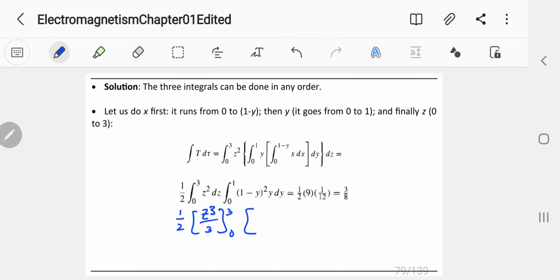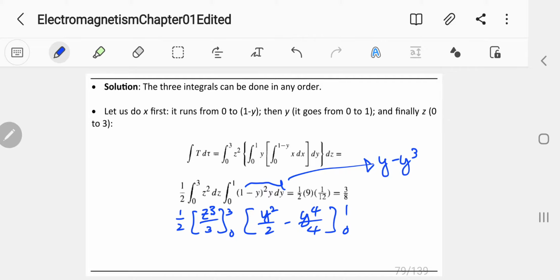Then the integral of y times 1 minus y squared can be written as y minus y cubed. You can integrate that as y squared over 2 minus y to the 4th over 4, evaluated from 0 to 1. You can show by yourself that this is equal to 3 over 8.